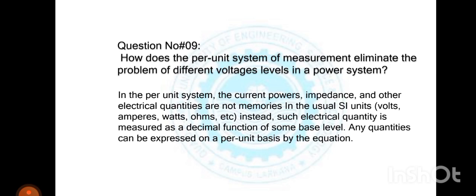In the per unit system, the current, power, impedance, and other electrical quantities are not measured in the usual SI units: volts, amperes, watts, ohms, etc. Instead, such electrical quantities are measured as a decimal fraction of some base level. Any quantity can be expressed on a per unit basis by the equation.